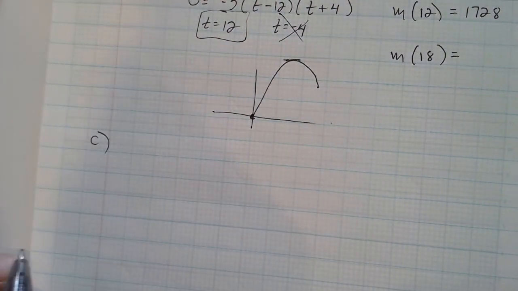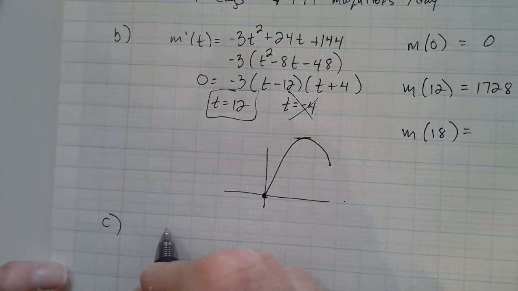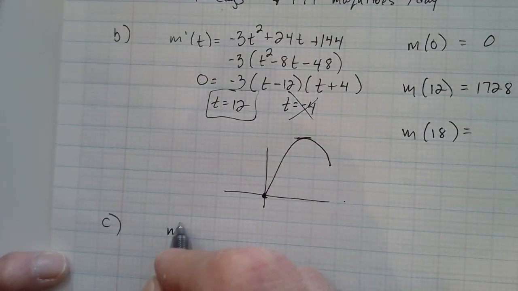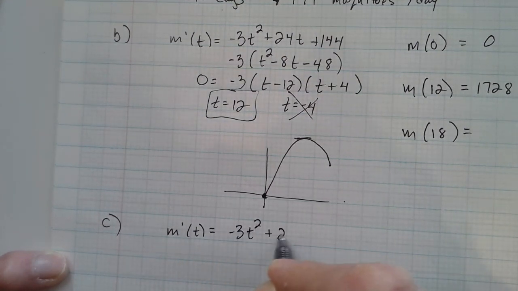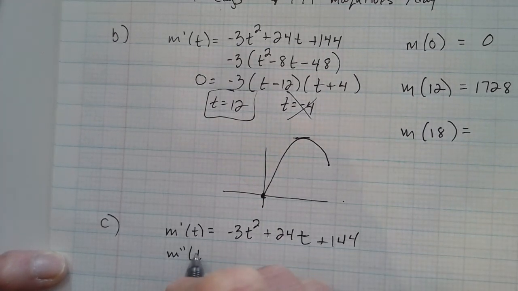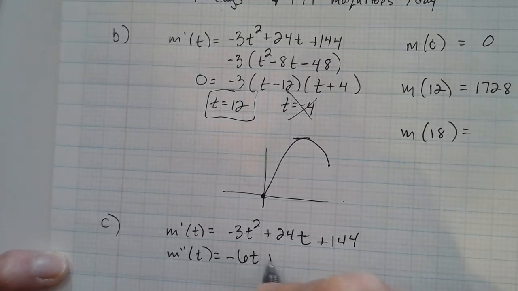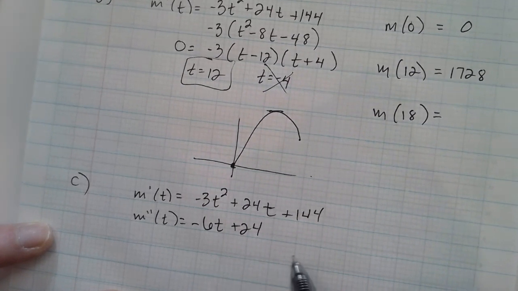So that's when your second derivative is greater than 0. So if M prime is this, M double prime is negative 6t plus 24, and that has to be greater than 0.